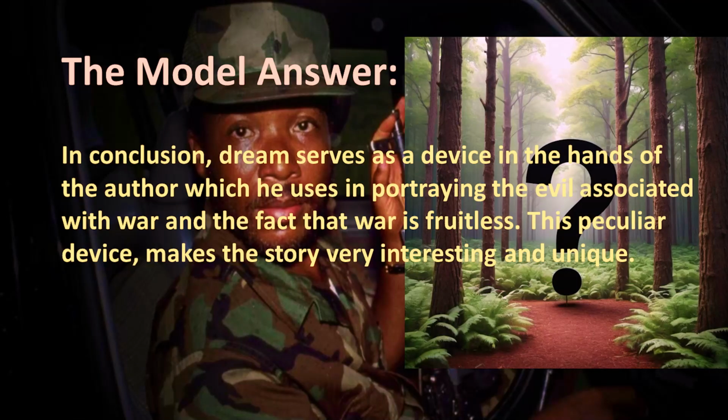In conclusion, dreams serve as a device in the hands of the author, which he uses in portraying the evil associated with war and the fact that war is fruitless. This peculiar device makes the story very interesting and unique.